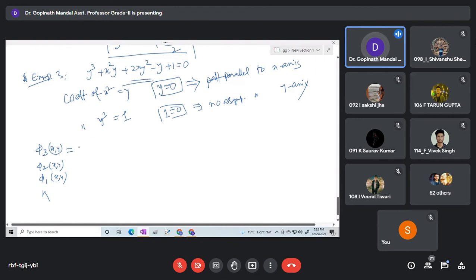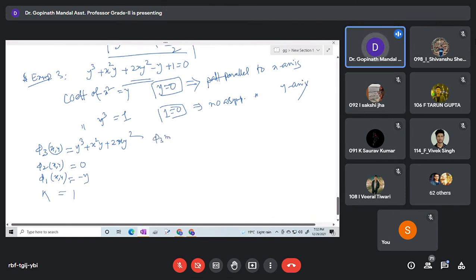Phi 3 xy will be equal to y cube plus x square y plus 2xy square. Phi 2 xy is 0, phi 1 xy is minus y, and k equal to 1.